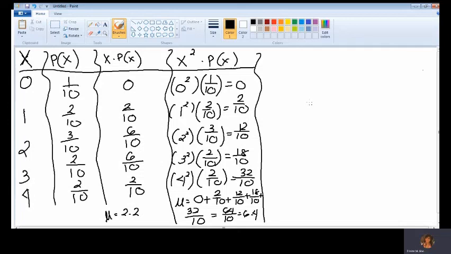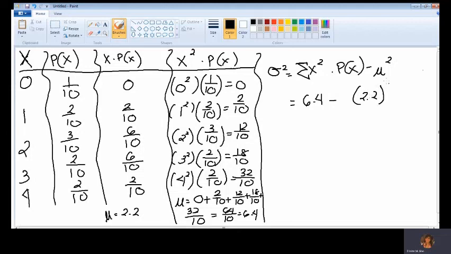So 6.4 minus our mean, which is 2.2, then squared.